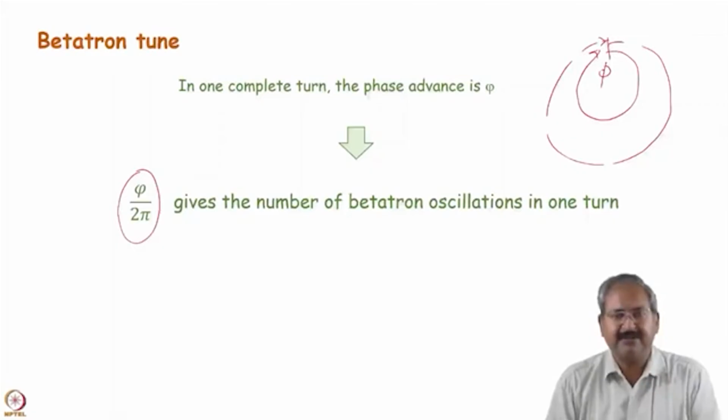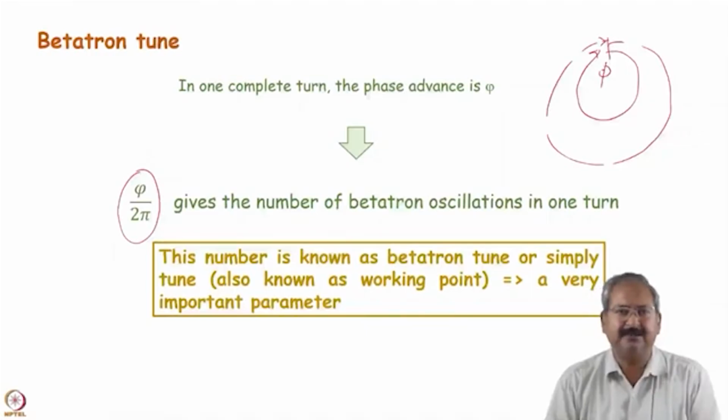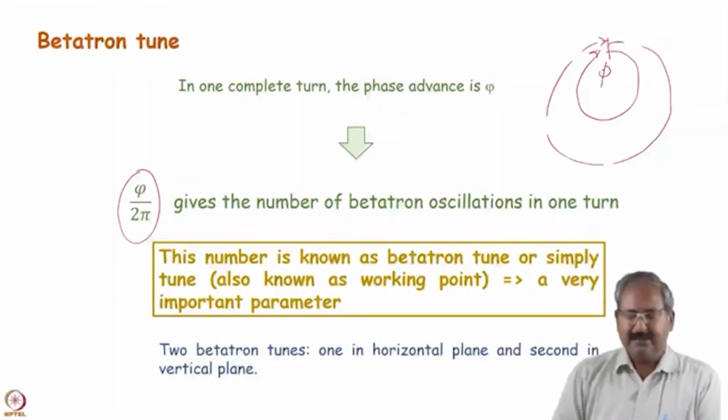The number of betatron oscillations in one complete turn is known as the betatron tune. And this betatron tune is a very, very important parameter for analyzing the beam dynamics in synchrotrons. We will see a little bit about the betatron tune when we study chromaticity in later chapters. There will be two betatron tunes, one for the horizontal plane and one for the vertical plane.